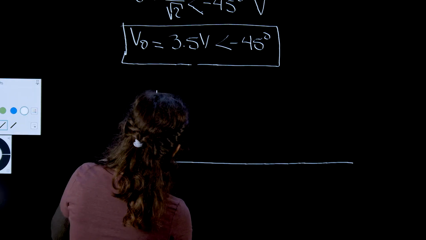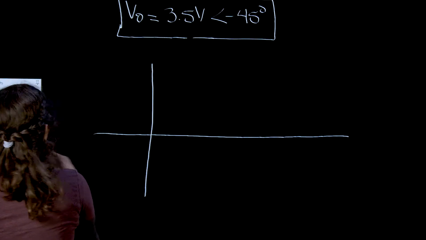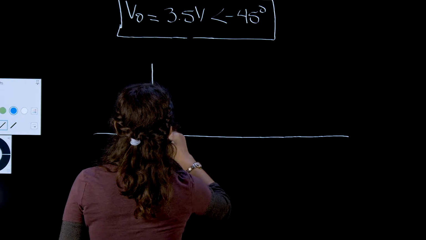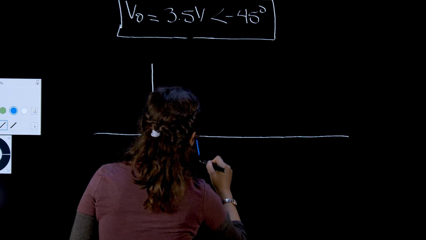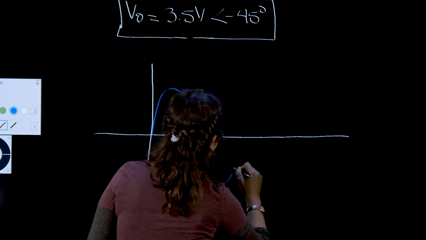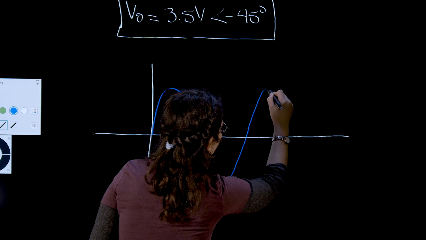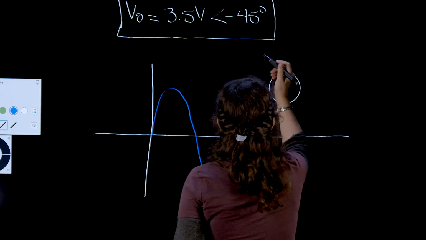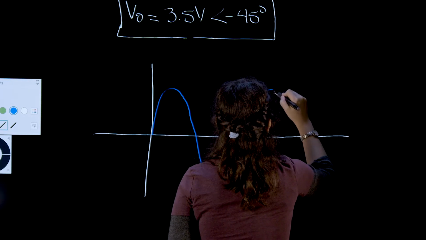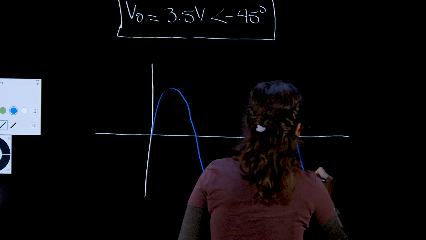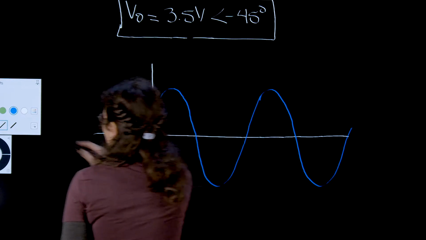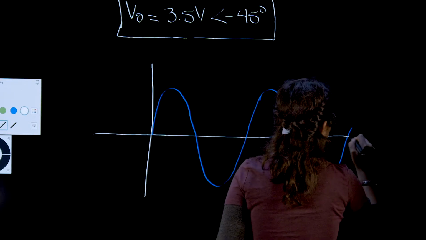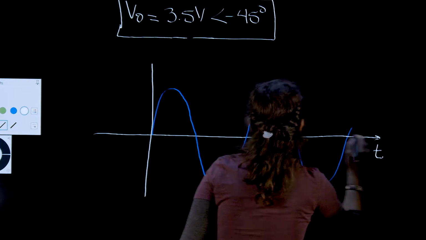Let's say I had my input voltage which looked like this, and that would be my 1000 radians per second. Here I have time and voltage.